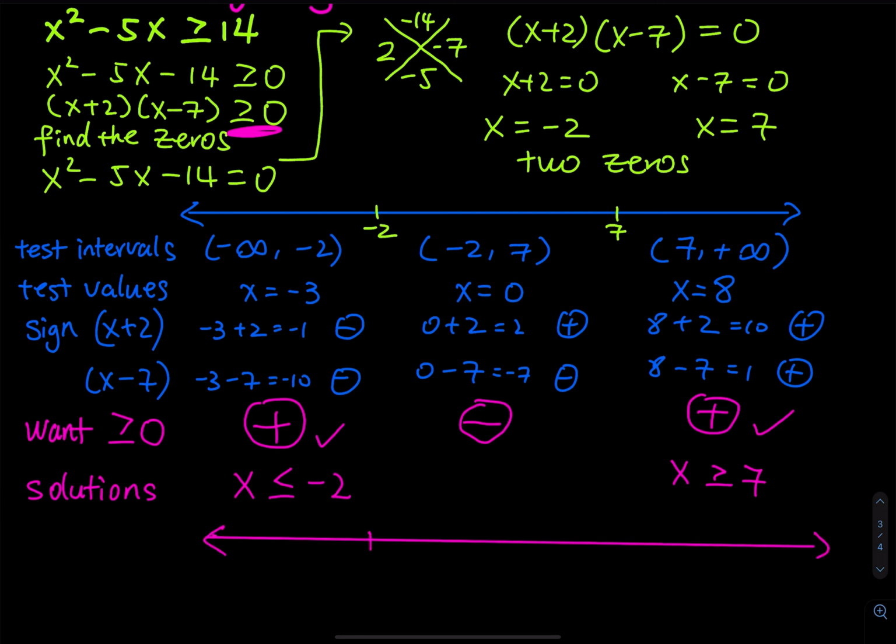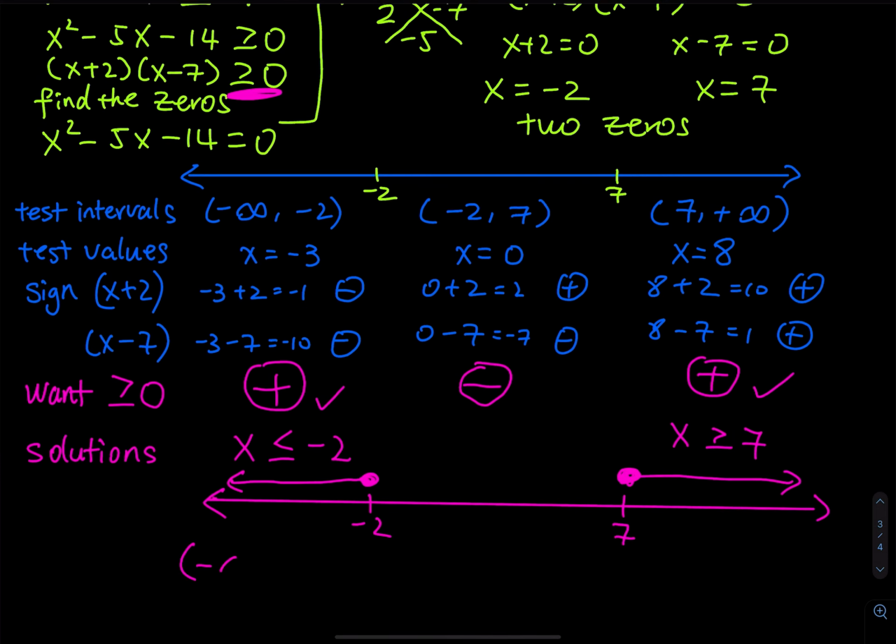So this is a negative 2, this is a positive 7, greater than or equal to 7. And then this is a less than or equal to negative 2. And then you have from negative infinity to negative 2. This time we add the square bracket because there is an equal, right? And then this one is from 7 square bracket to positive infinity.